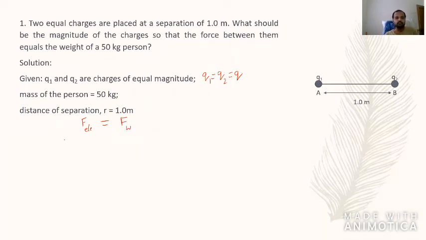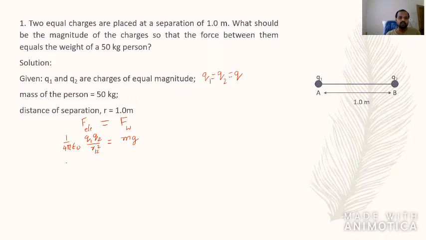Now according to Coulomb's law, we already know that F electrostatic is given as 1 by 4 pi epsilon naught Q1 Q2 by R12 square, and this is equal to m into g.